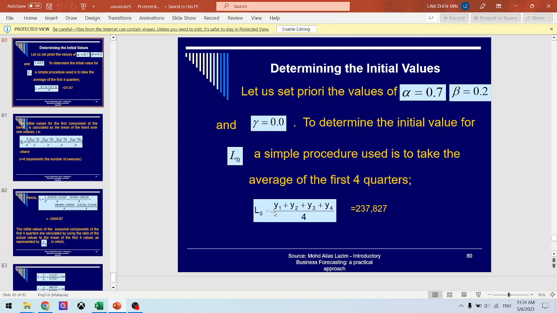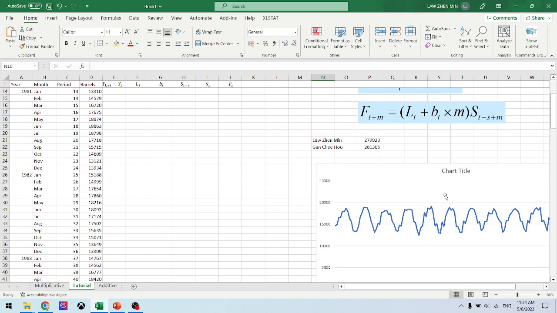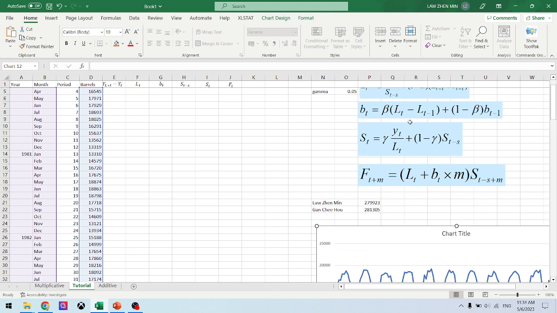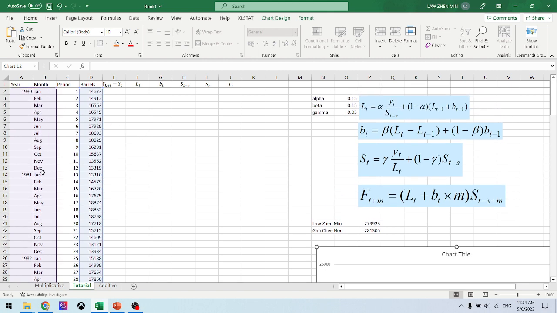Now we take a look at the formula for the initial value of the level component, which is the average value of the y values. Here you can see that there is an S symbol. The S symbol means the seasonality length, which means that from the graph, we can see that one season is about a year, which for this example is 12 months.